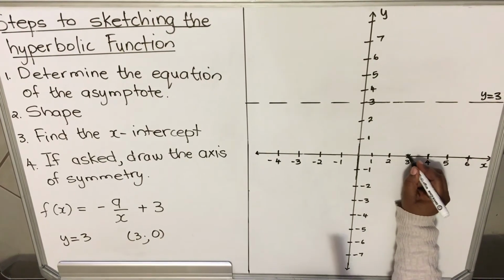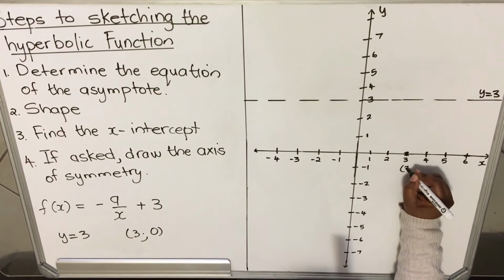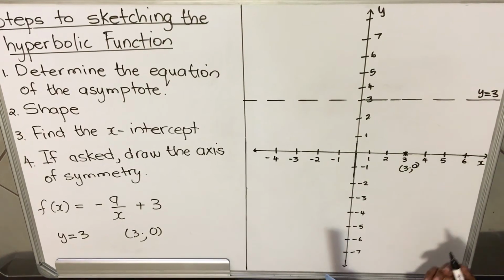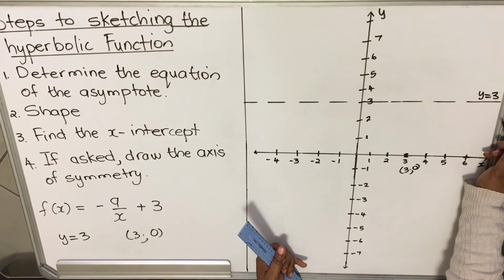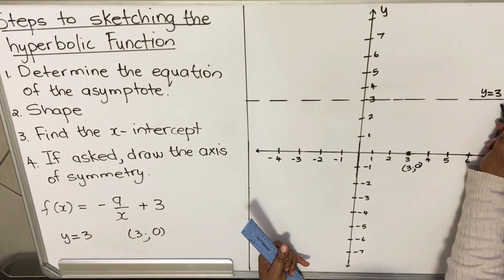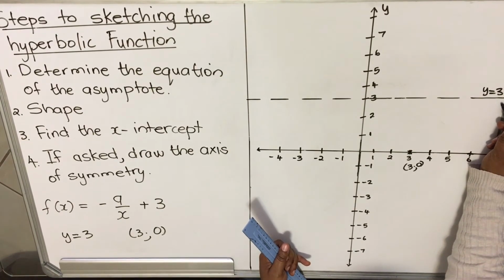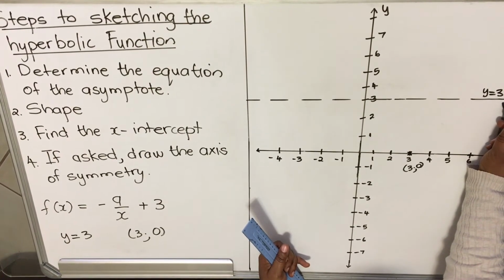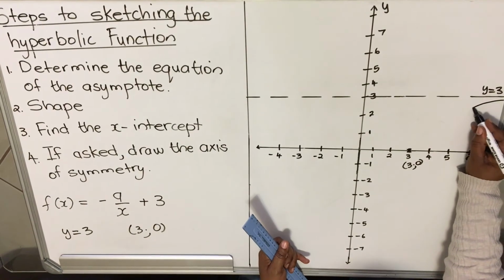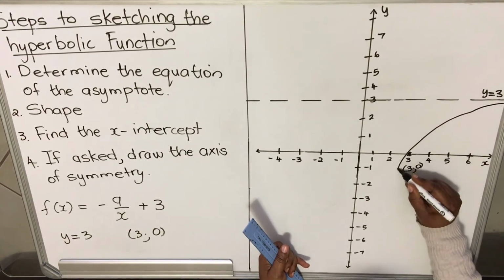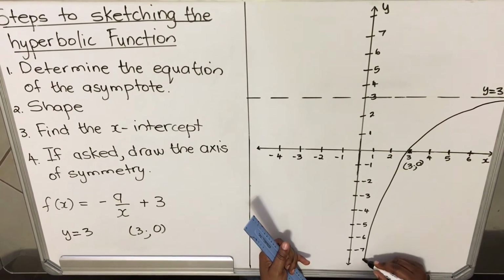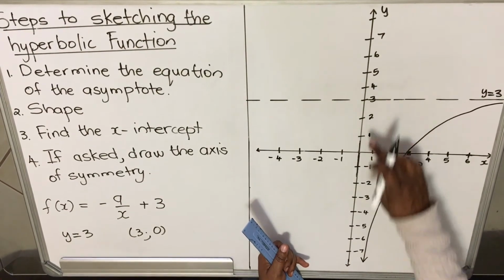And then the next part, the x-intercept is 3 and 0. So is this coordinate here? It's 3 and 0. Then your graph is going to go towards the asymptote. The definition of an asymptote is the line that a graph goes towards but doesn't touch. So your graph will go towards that line, go like that, and this is also your asymptote.